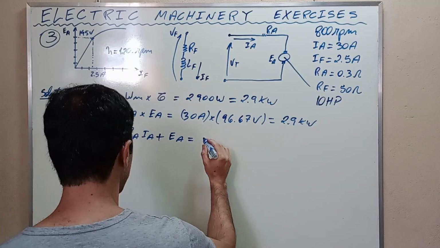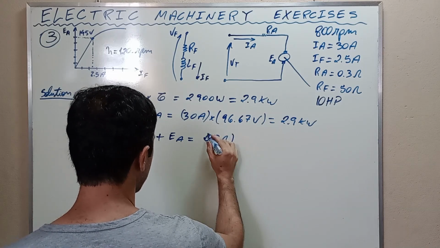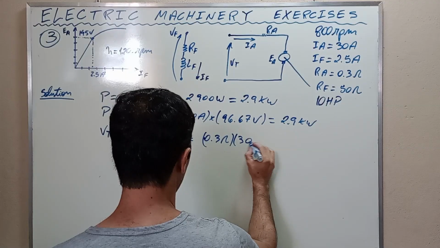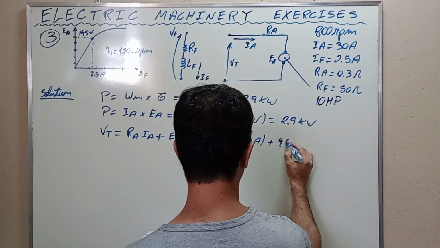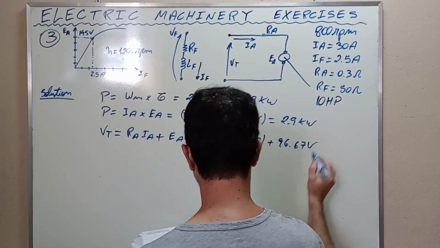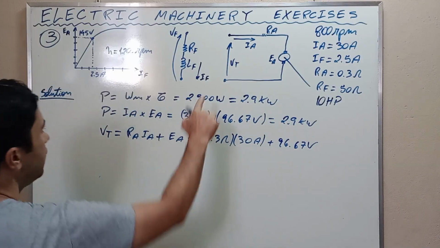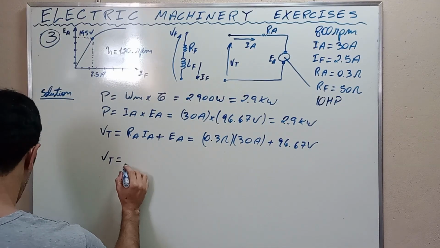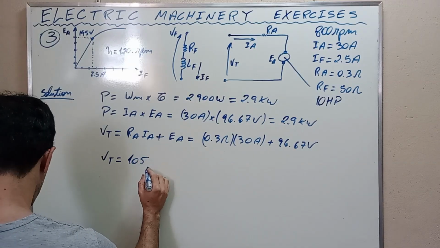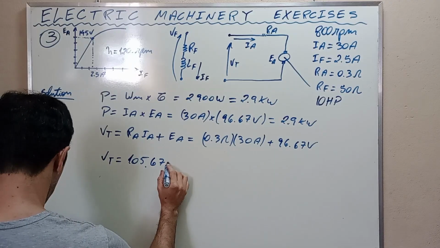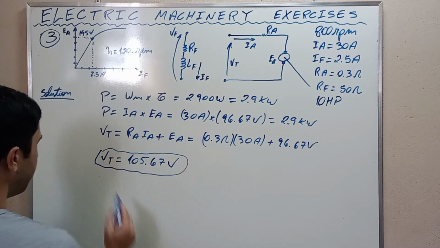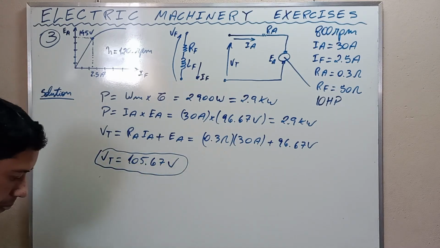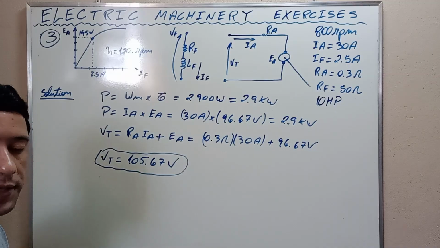And this is equal to 0.3 ohms times the current 30 amps plus the induced voltage, which is 96.67 volts, and the terminal voltage VT is equal to 105.67 volts. Okay, my friends, this is the last result of exercise number 3. Alright, is everything okay? And this is all for exercise number 3.